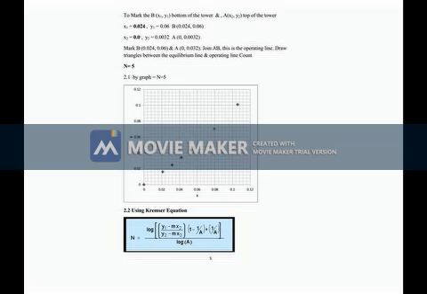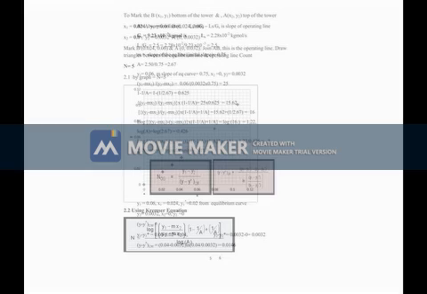Then we have to find the average molecular weight. Why? Because in absorption we use all the parameters on a mole basis. Since it is on a kilogram basis, we have to divide by the molecular weight. But which molecular weight will we take? There is air as well as ammonia, so you have to take the average molecular weight.